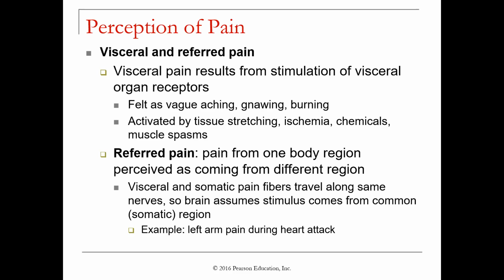Or they have a great deal of pain in their abdomen. Well, it seems that the nerve that innervates the left arm and the abdomen and the left side of the mandible is the same nerve. They innervate the heart as well as the left jaw and the arm and the abdomen. And so heart attack pain can often be interpreted as pain coming from the left arm or even the lower jaw or even the abdomen.